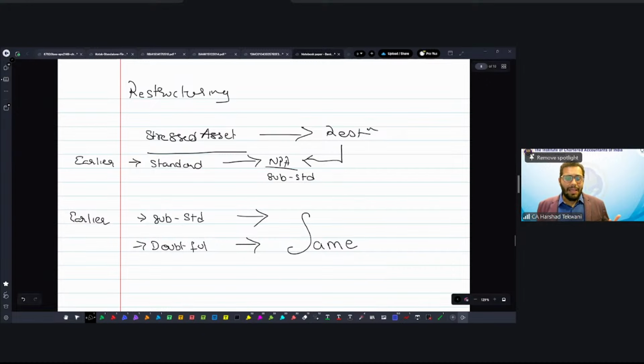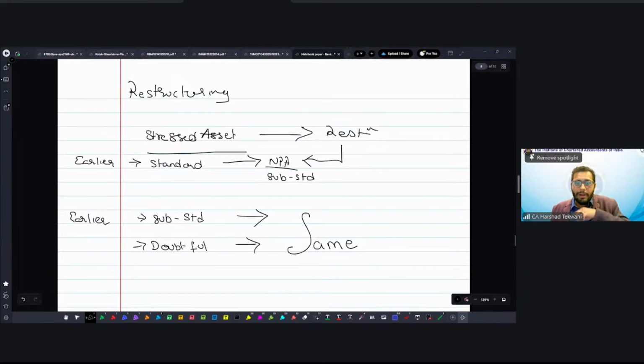And when I say satisfactory performance, it is 12 months. For 12 months, which is known as a monitoring period, I will see whether that person is able to pay the amount or not.